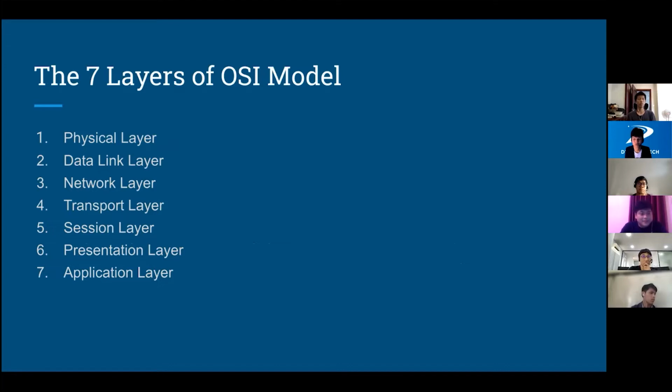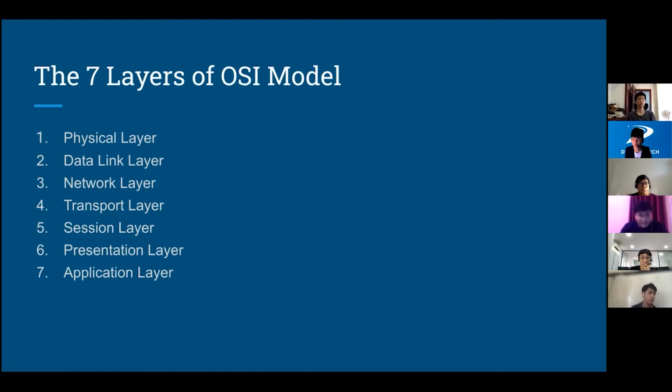Layer 1 is the physical layer. Layer 2 is the data link layer. Layer 3 is the network layer. Layer 4 is the transport layer. Layer 5 is the session layer. Layer 6 is the presentation layer. And layer 7 is the application layer.